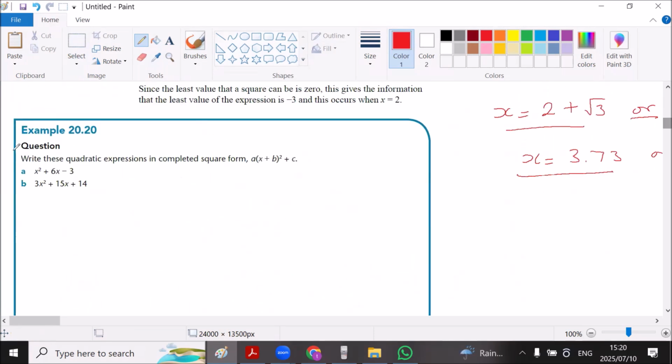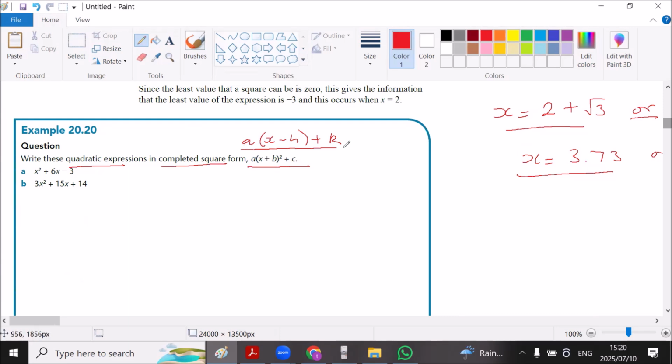Now, questions may come where you just have to write expressions in completed square form. Let's look at this. Write these quadratic expressions in completed square form: a(x plus b) squared plus c. So this form is exactly the same as a bracket x minus h squared plus k.